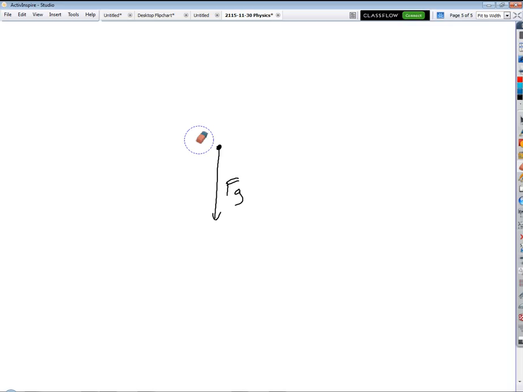What if this were in outer space where there were no gravity? After it left my hand, what would be the force acting on the football? Nothing. It's just going to travel in the same direction at the same speed forever until it encounters something that provides a force to act on it, right?